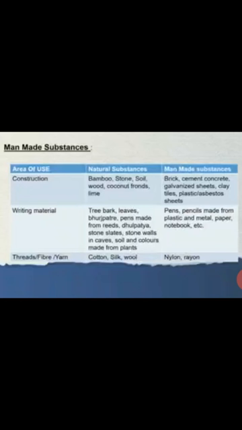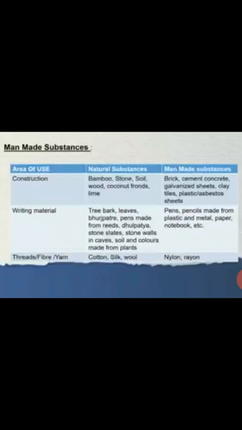Next area is writing material. In writing material, natural substances are tree bark, leaves, burjpatra, pens made from reeds, dulpatya, stone slates, stone walls in caves, soil, and colors made from plants.